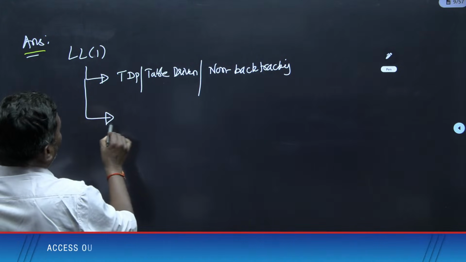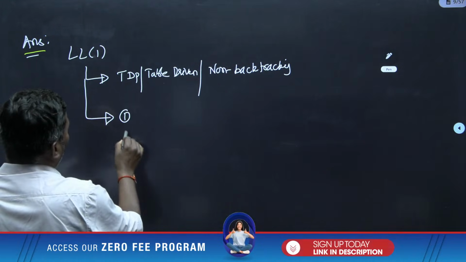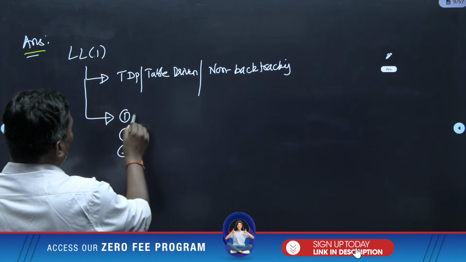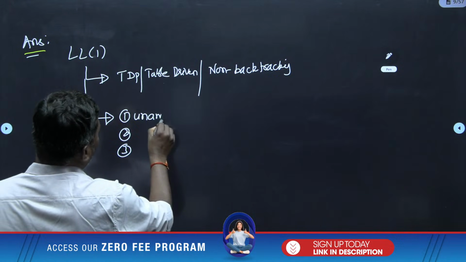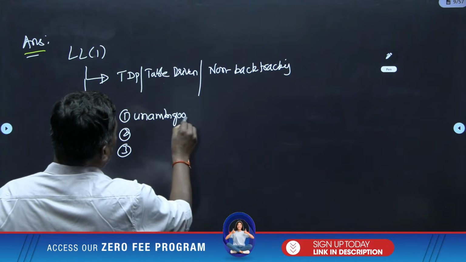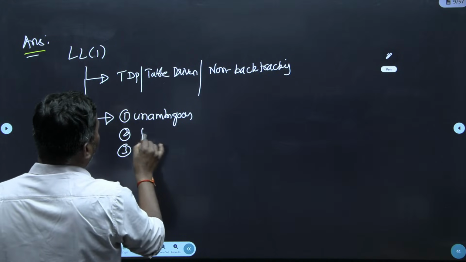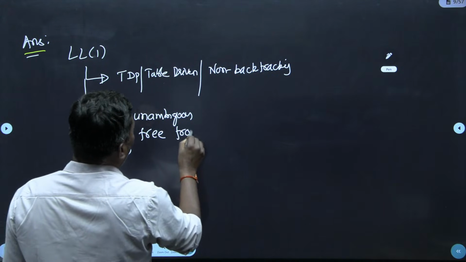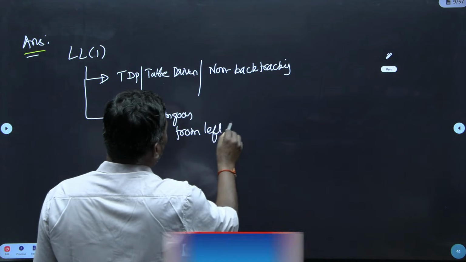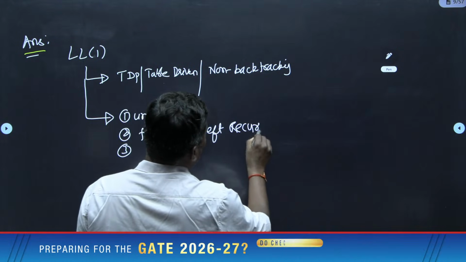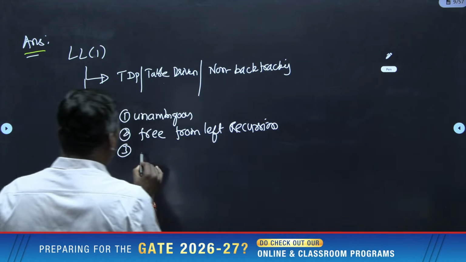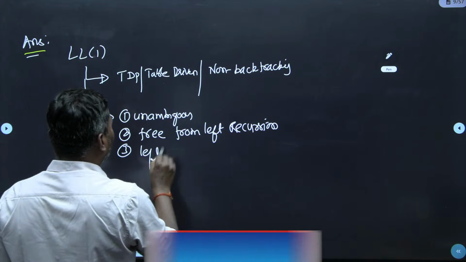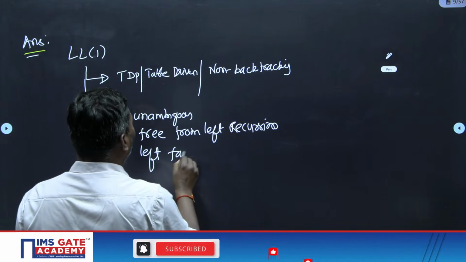For a grammar to be LL1, three things are essential. It should be unambiguous. It should be free from left recursion, so it is a left factored grammar.